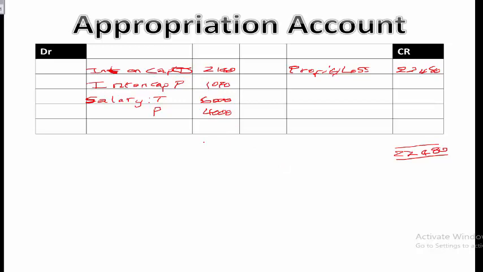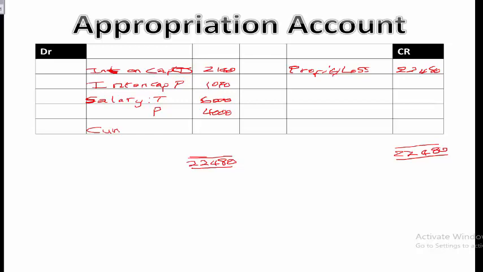Okay, sorry about this. I need to provide more room in the future, but for now we will use that as is. So we have totals of 22,480 on both sides. Now this must deduct these amounts, and you will then have your current account.